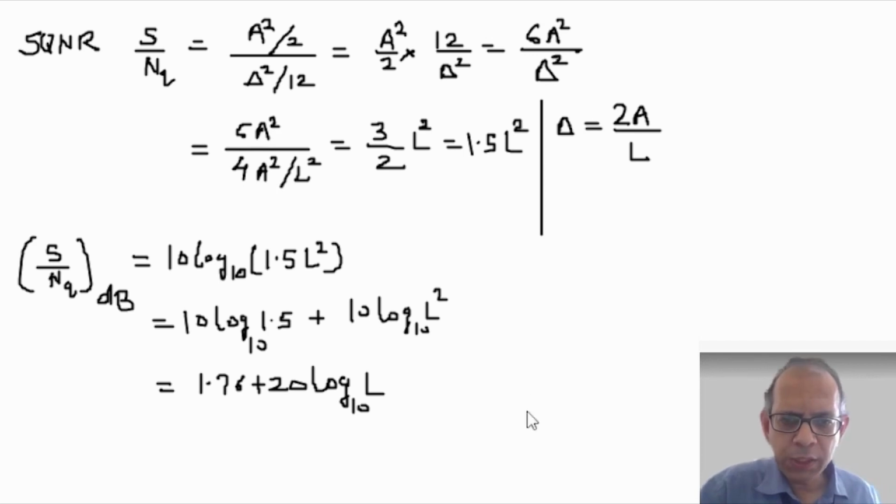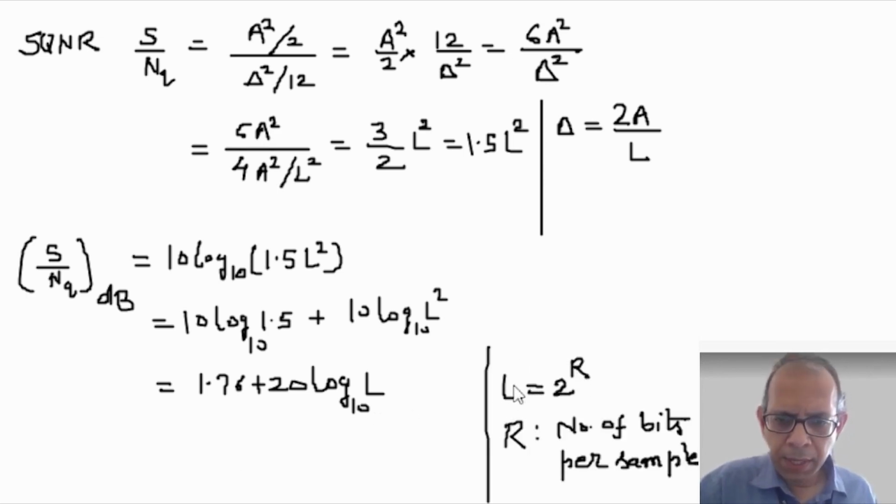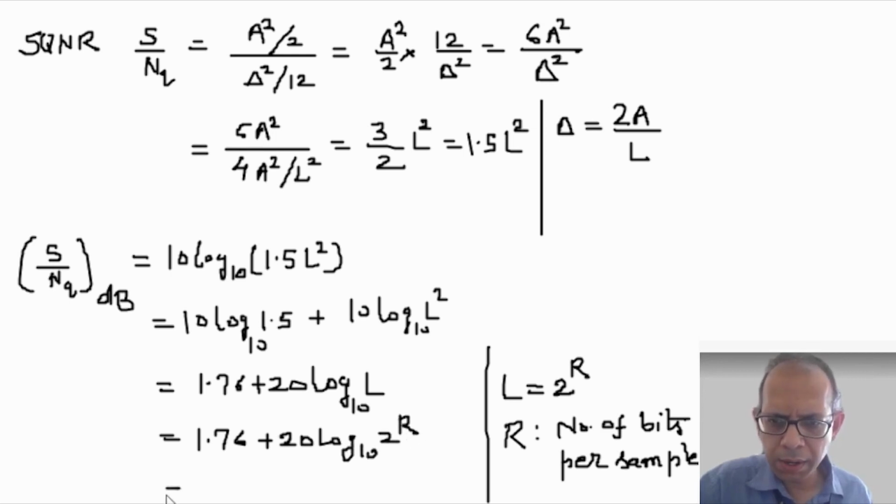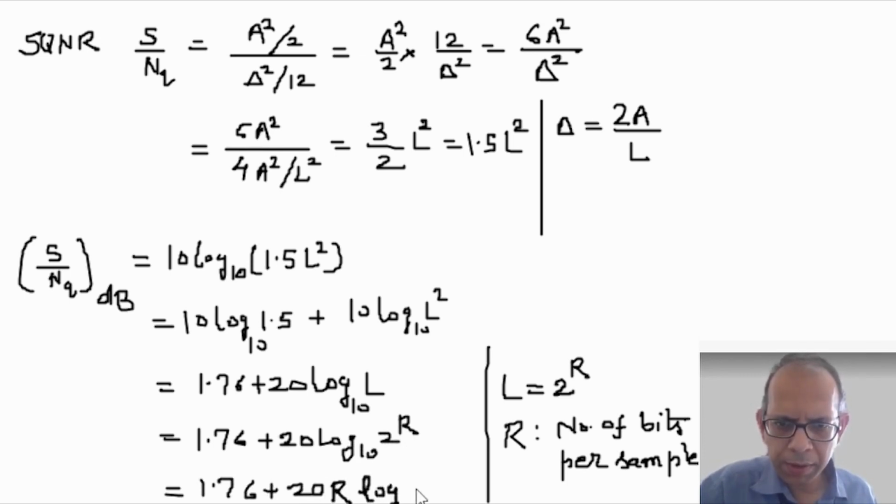Now further, each quantization level L is equal to 2 to the power R, where R is the number of bits per sample. Substituting this value here, we get 1.76 plus 20 log to the base 10, 2 to the power R, or 1.76 plus 20 R log 2 to the base 10. And now log 2 to the base 10 is approximately 0.3.